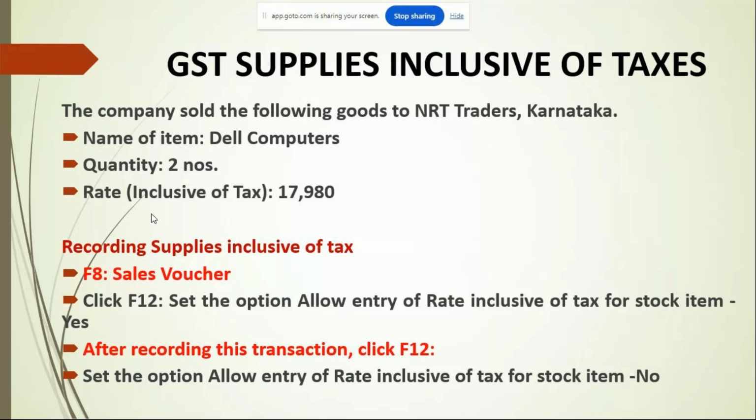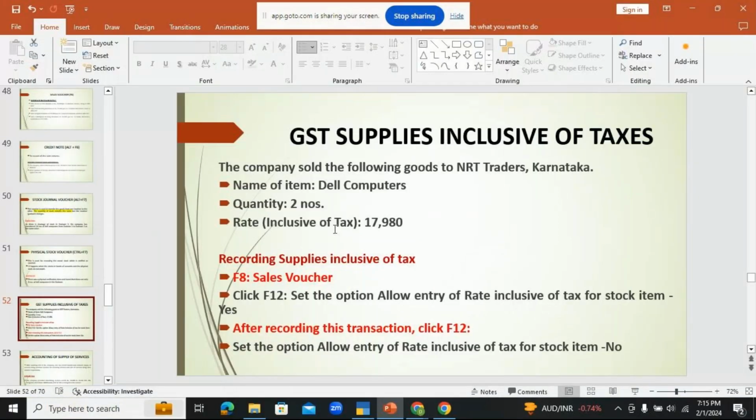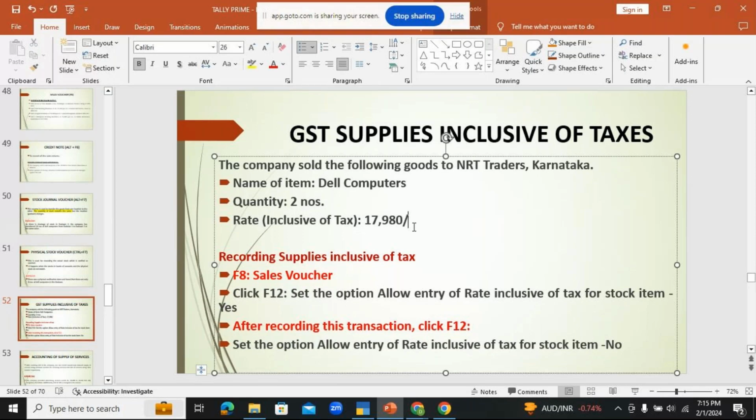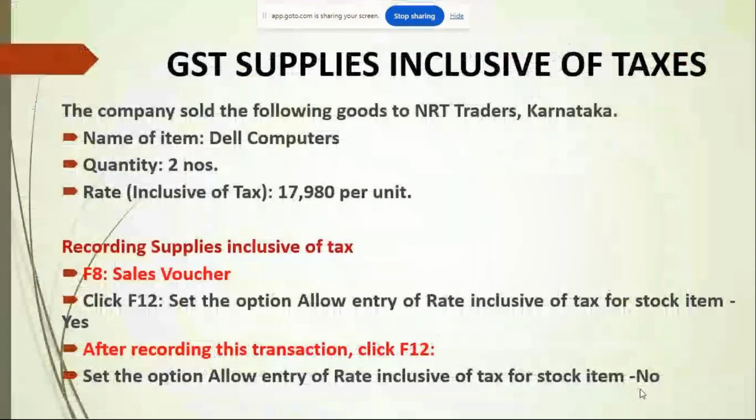So here, what is the rate for one computer being charged? It is 17,980 per number. Okay. Now, 17,980 is what is being charged for one computer.